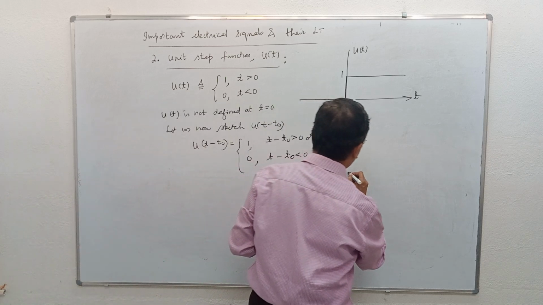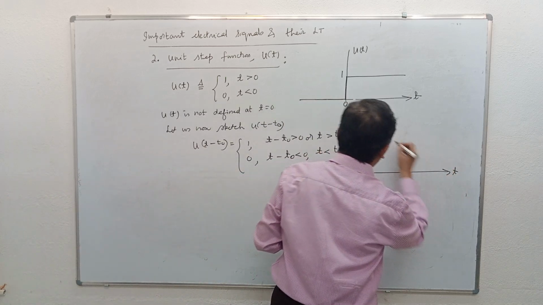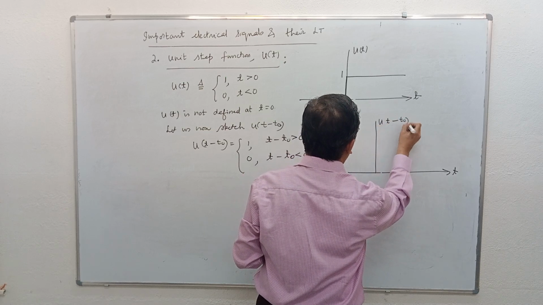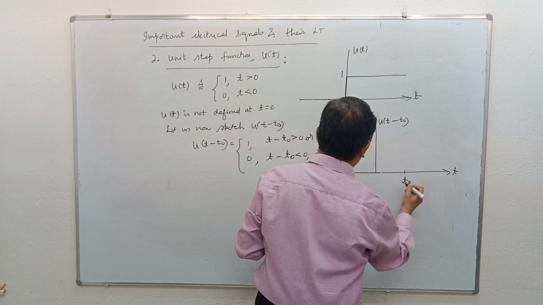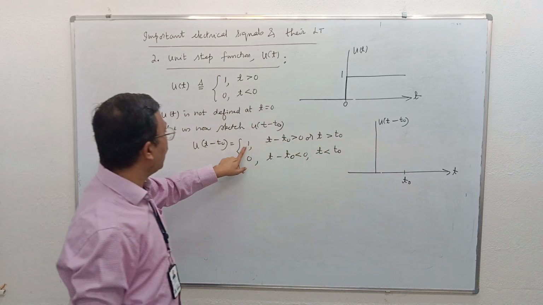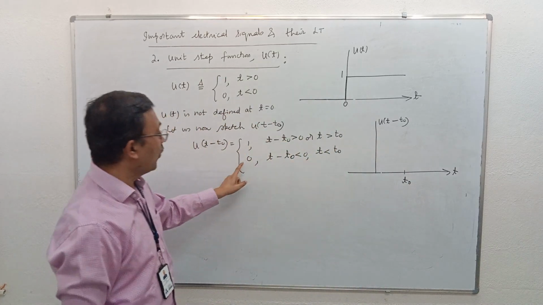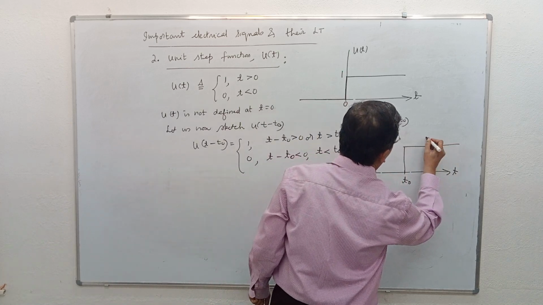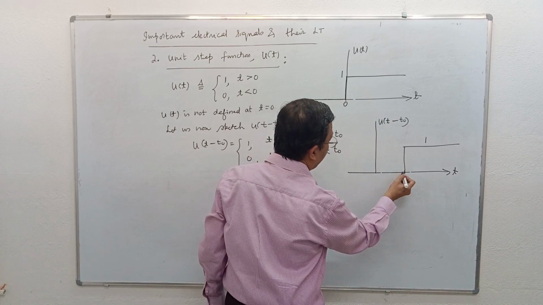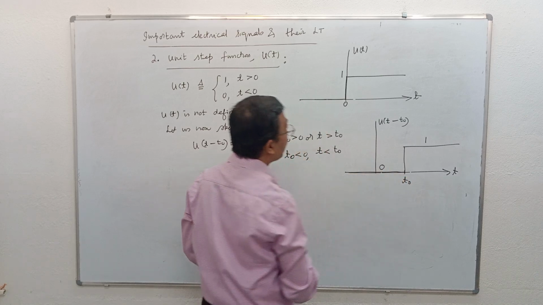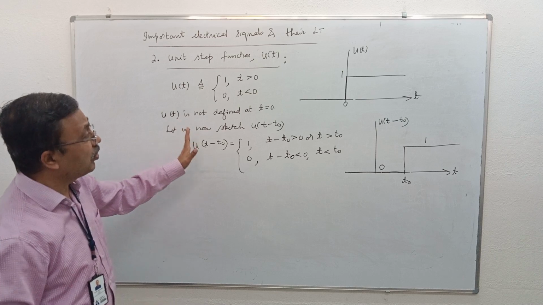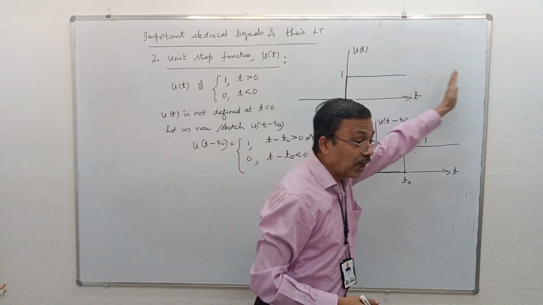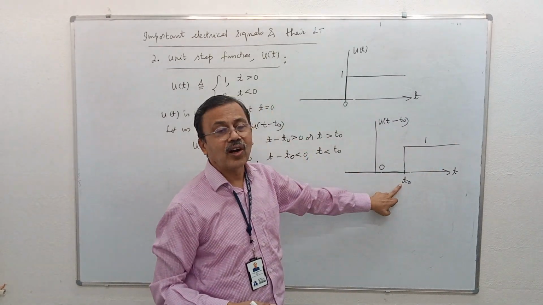Now let me sketch. X-axis represents time, y-axis represents u of t minus t naught. This is t naught. For t greater than t naught, what is the value? 1. For t less than t naught, what is the value? 0. The function looks like this. In other words, u of t minus t naught is nothing but this function shifted to the right by an amount equal to t naught.